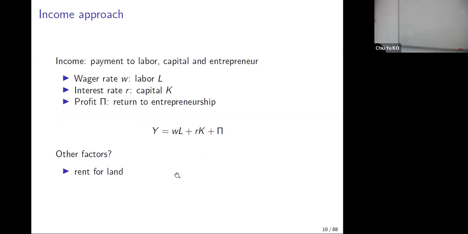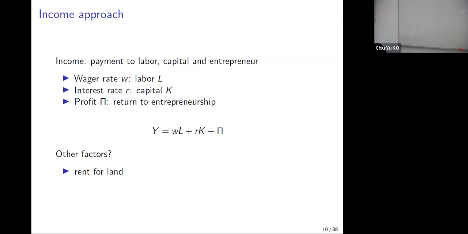And the other way to look at this is, instead of looking at the output decomposition, look at the income decomposition, right? The output must be wage times labor, plus interest rate times capital, plus the firm's profit, right? This must be one of them, right?